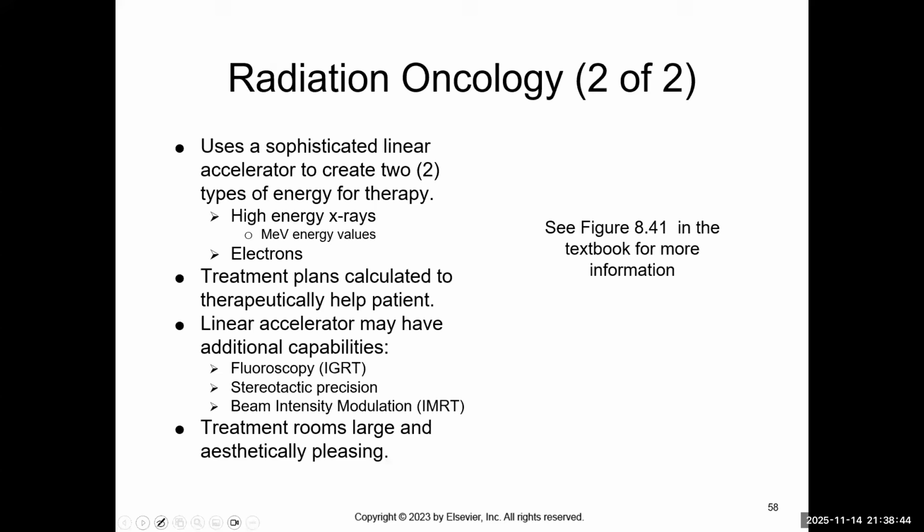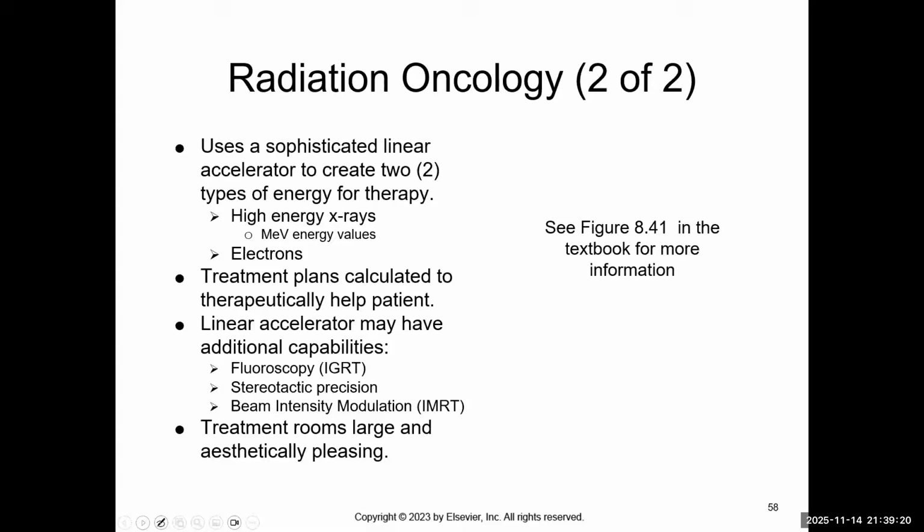The computer calculates exactly how much radiation is needed and where that radiation needs to go, and they also try to ensure that they only treat the area that they need, which helps avoid damaging healthy tissue.